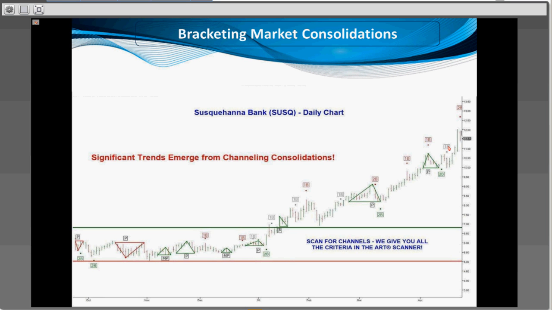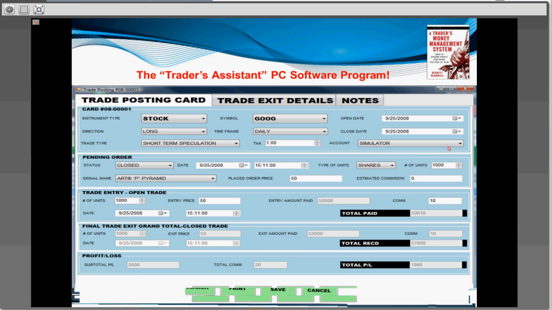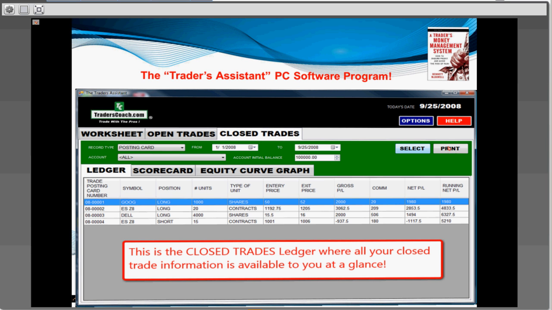Here's a couple quick examples of the Trader's Assistant PC software. This is an example that we formatted as if you were trading right on the floor. The idea is you have trade posting cards where you fill out information on the trade. It has ledgers of what you have active, what you have open and closed.